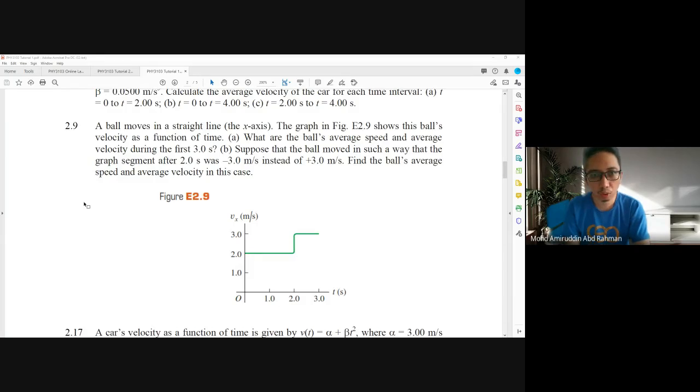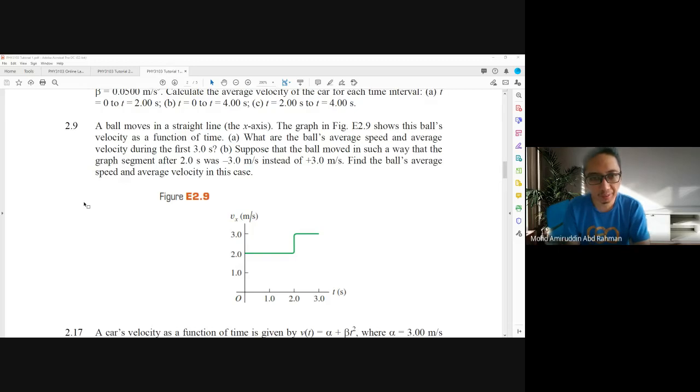All right. So for the first 3 seconds, the distance travel is, okay, previously you obtained 4 meter. All right. And then you also got another 3 meters. So the distance travel is 7 meter. Okay.